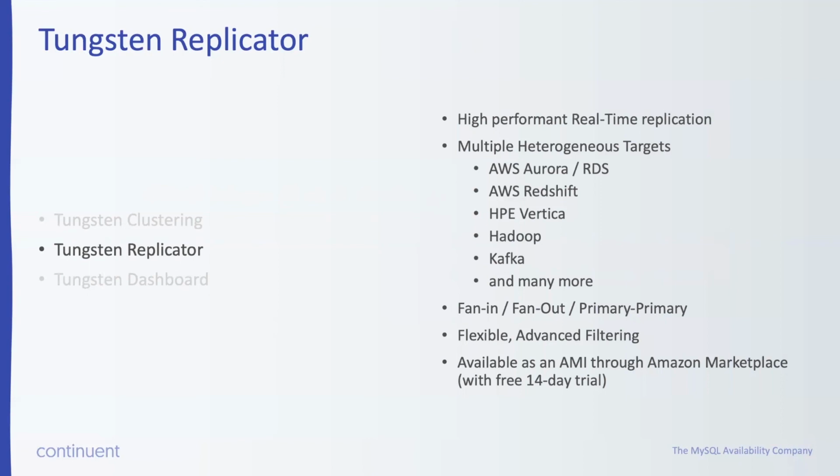There's a bunch, Cassandra, Elasticsearch. And this is really useful for multiple clusters. So for instance, if you have multiple MySQL clusters deployed and you need all the data in all these clusters to be merged into a single target, like say a Hadoop target or Vertica, the Tungsten Replicator can handle that for you. And it'll do all kinds of complex filtering.